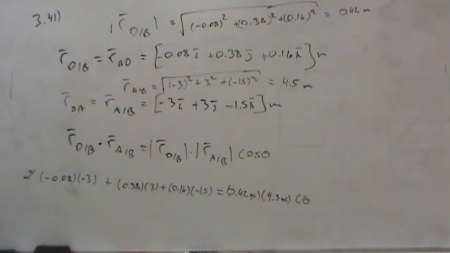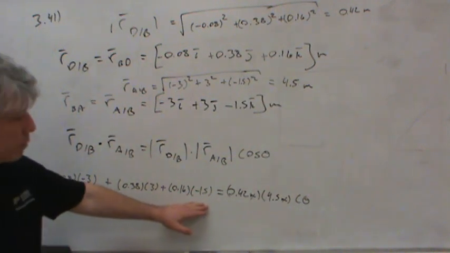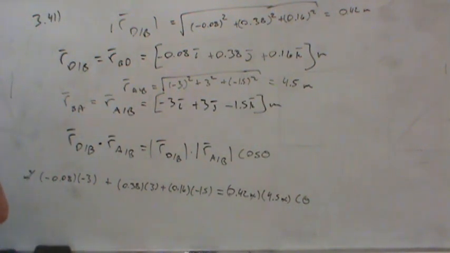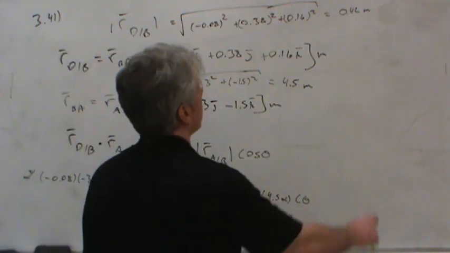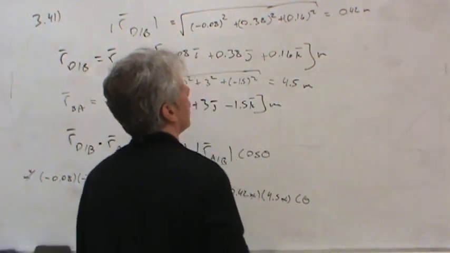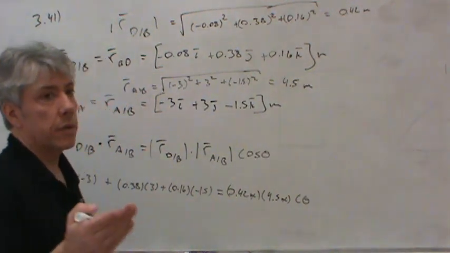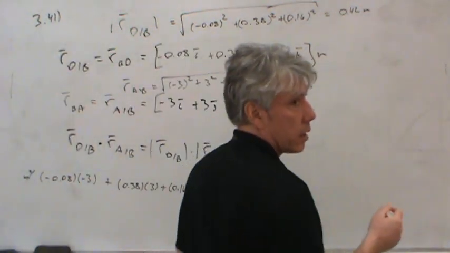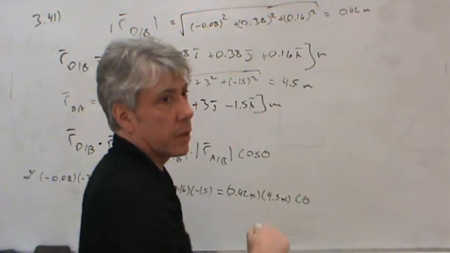And now all we need to do is compute this number. So what is the dot product on the left side? Has anybody calculated it by now? I'm not getting 0.42 for the magnitude of D to B. What are you getting? We're having conflicting answers. I got 16. You got 16? There's no way you're going to get 16 from that.